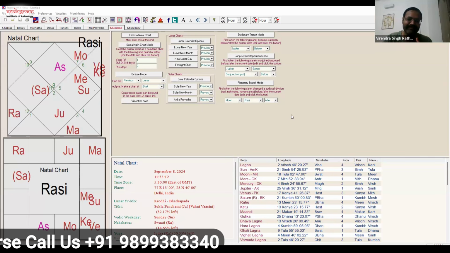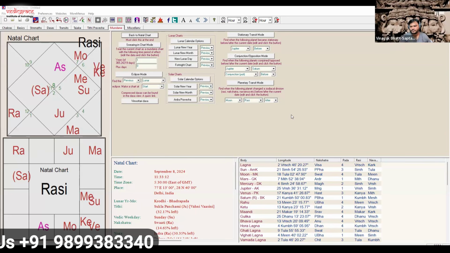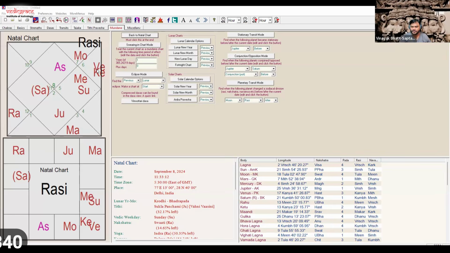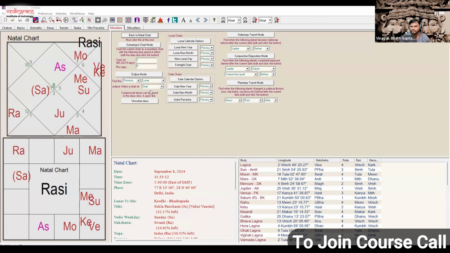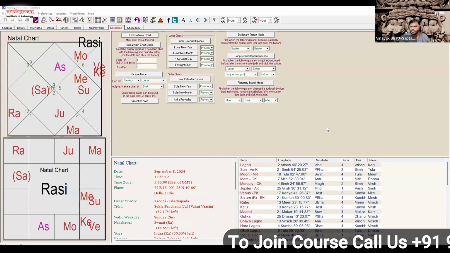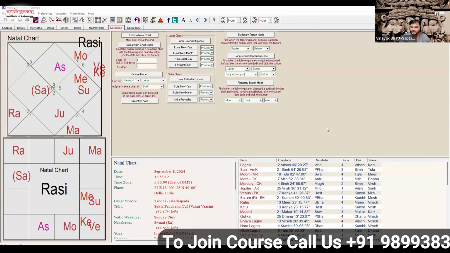But there is a big difference in both Venus. Both Venus are in debilitation, that's fine, but they share a different past. My Venus has a different past, and Alkeshji's Venus has a different past. What does it mean?